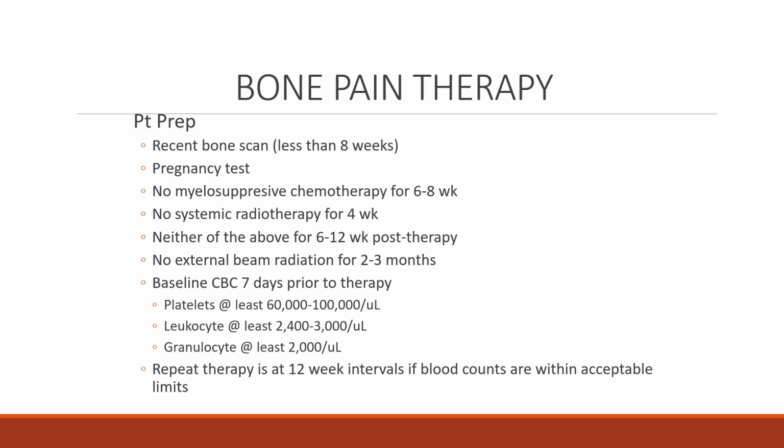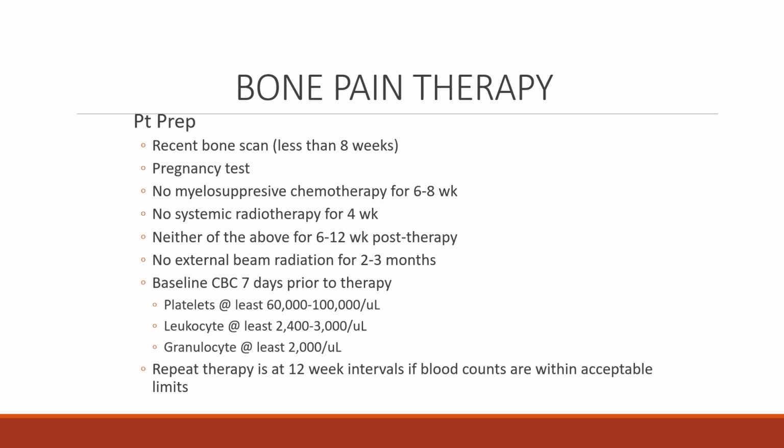We're looking at platelets, leukocytes, and granulocyte levels because any of our therapies are really hard on blood cells and bone marrow. Go back to what you know about radiation biology. Those cells are stem cells that develop into blood cells, the cells in the bone marrow that become mature blood cells later.